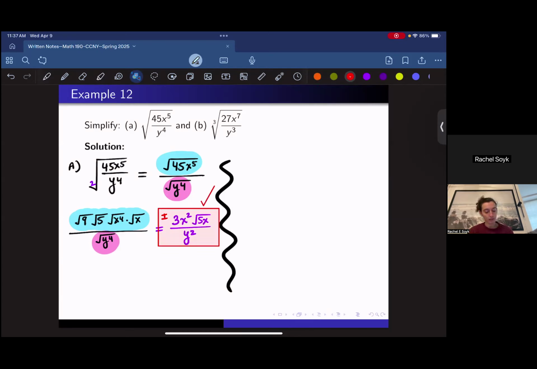Let's go ahead and look at part B. Cube root, so odd index, one solution. We're going to once again separate the numerator and denominator from each other to simplify first.